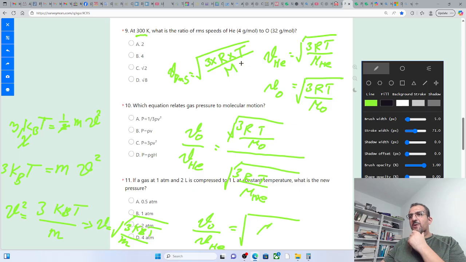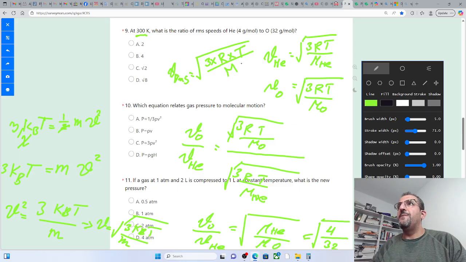Just using numbers, the molecular weight for helium is 4, the units will be cancelled, of course, and the molecular weight for oxygen is 32.